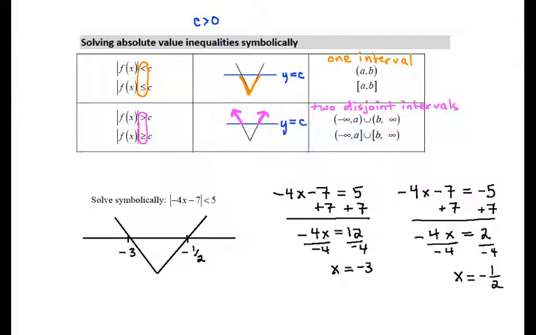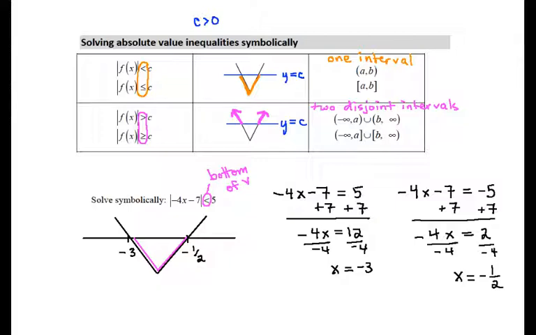The direction of the inequality this time is less than, which means I want the bottom of the v. The bottom of the v is this connected part down here. And because of that, I end up with just one interval in my solution set.